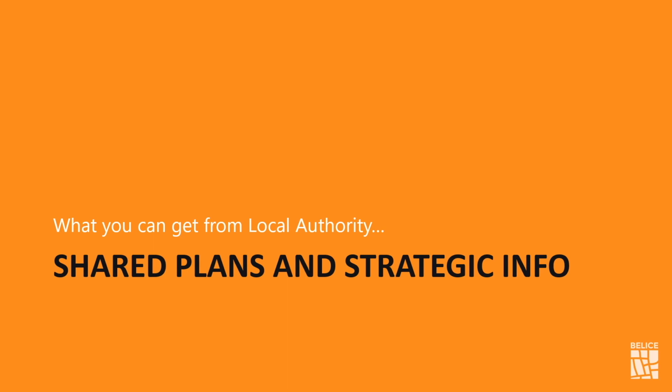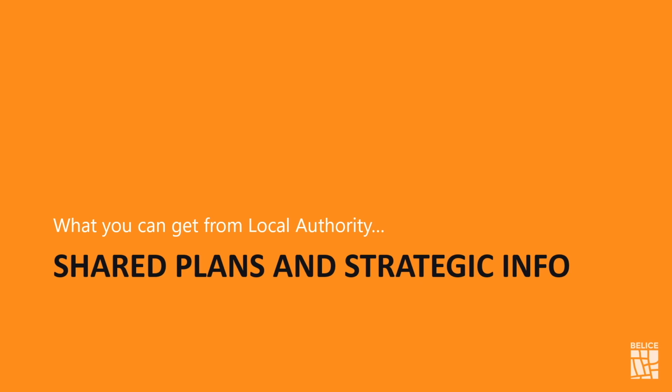Another important part that we wanted to share is the concept of sharing plan and strategic info, because we think that keeping a plan in a paper version closed in an office is absolutely useless for the rescuer that should come to help a certain area.